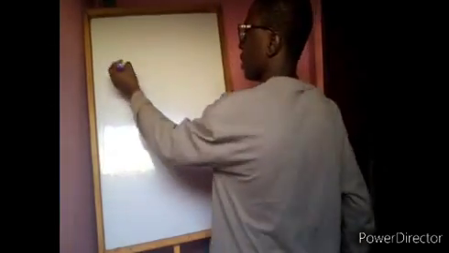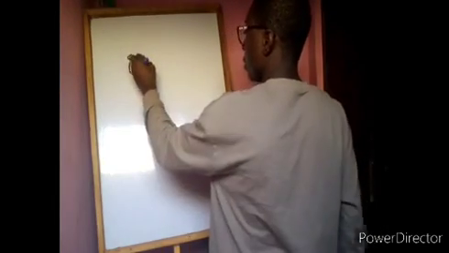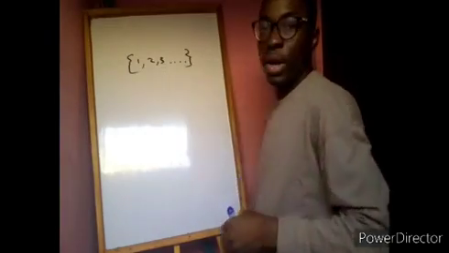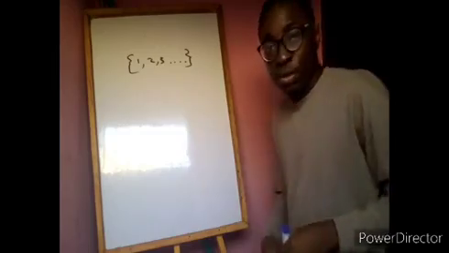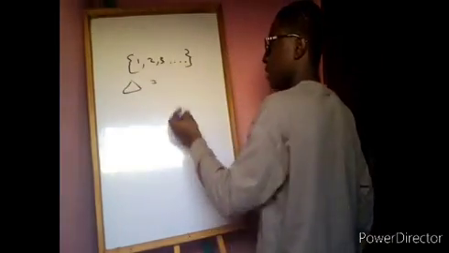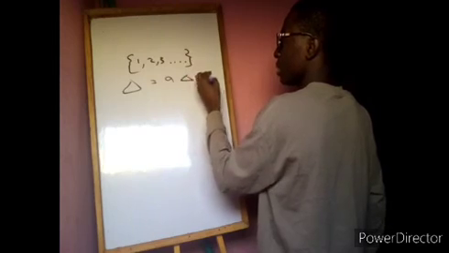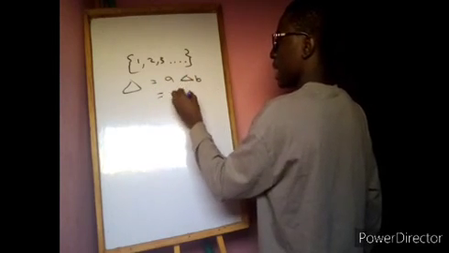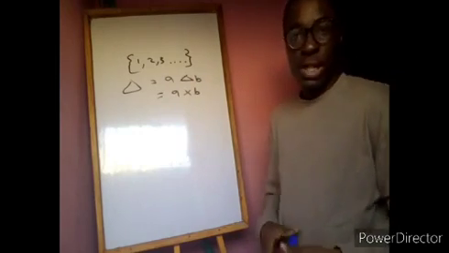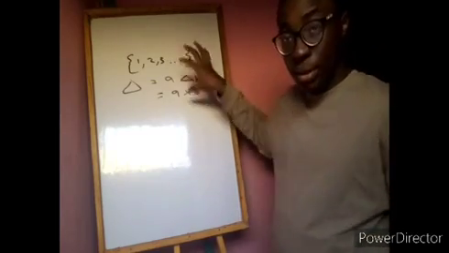If you have a set of real numbers 1, 2, 3 and so on, we define an operation delta on two elements of this set as A delta B equals A times B. We will determine whether this set is closed under this operation.